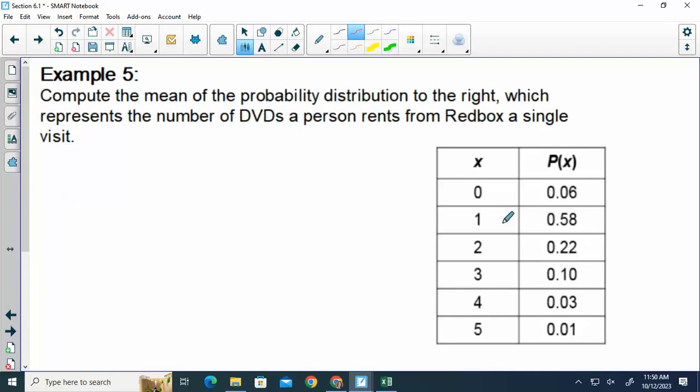So let's find the mean for this distribution. I've given you a probability distribution. We have x, we have p of x. So what we need is one more column for x times p of x.